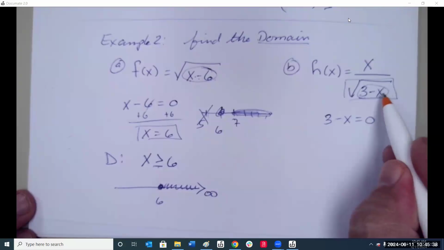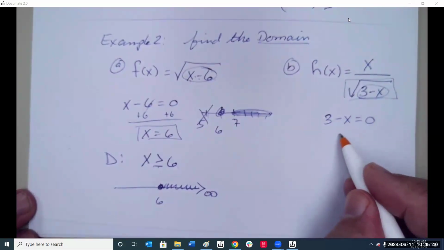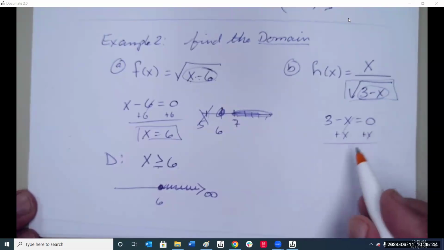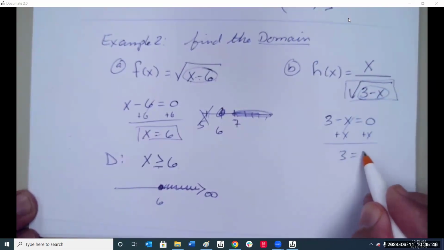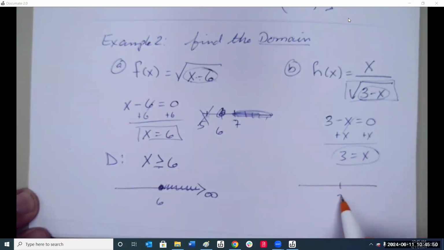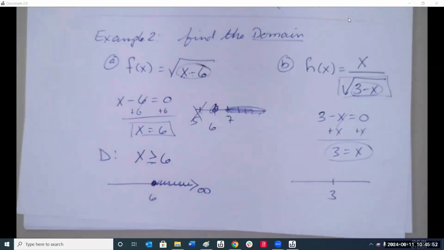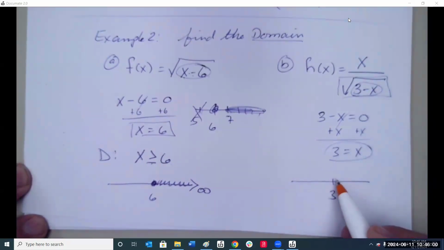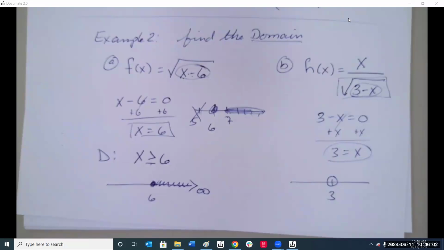What's the smallest number we can use? Add x to both sides. So 3. Can we use 3? No, because 3 minus 3 is 0, so we cannot use 3.